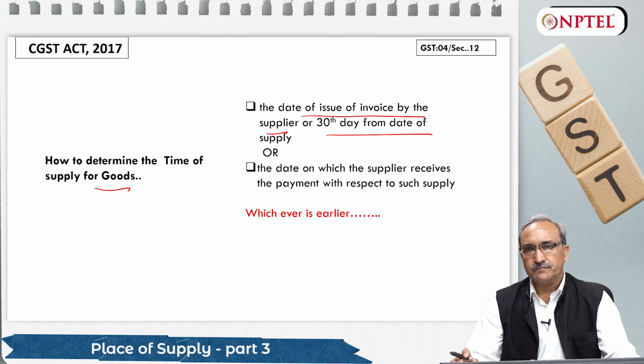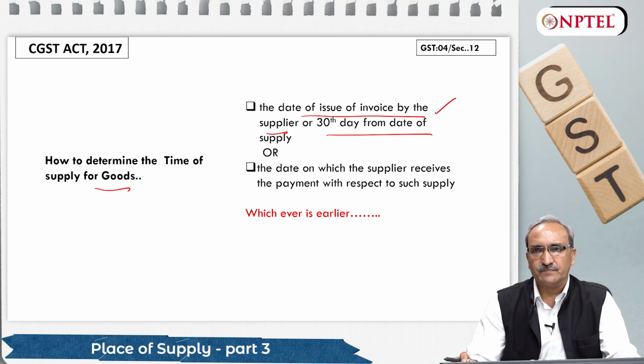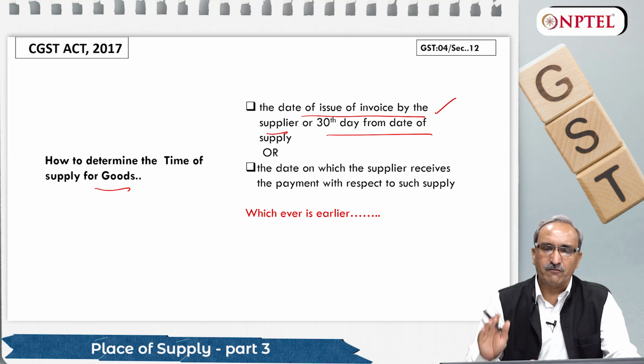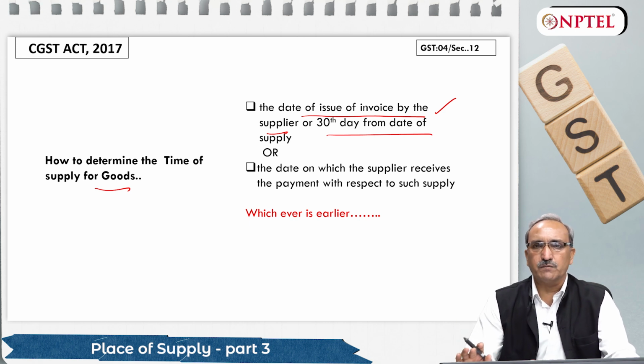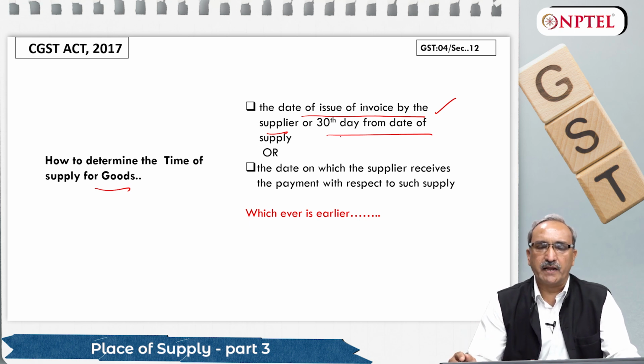I told you goods cannot move without a document, and the document is either a delivery challan or an invoice along with an e-way bill if applicable. So the date of issue of invoice itself is the evidence that supply is made, because when an invoice is issued it means goods have also been supplied. But if invoice is not raised, then when actual goods are supplied, within 30 days from the date of that supply, the invoice should be raised, and that is the point of taxation.